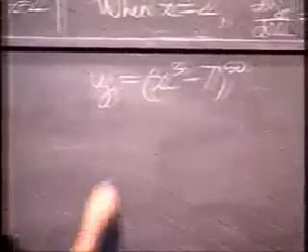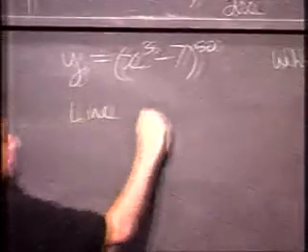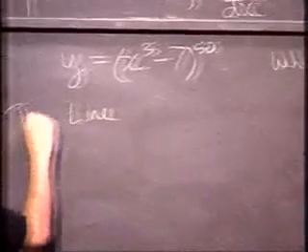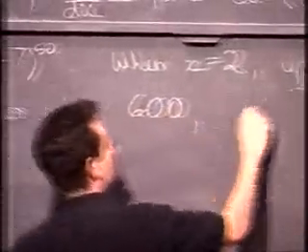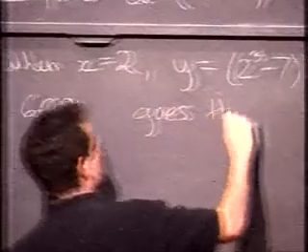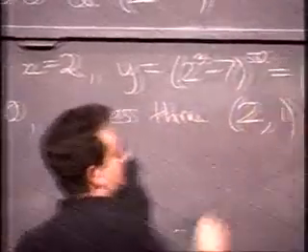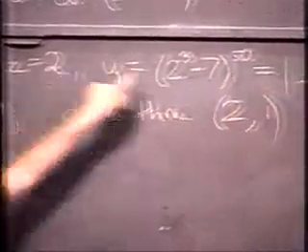Anyway, the tangent line that we're looking for has slope 600, that's the derivative, and goes through the point (2, 1), because when x equals 2, y equals 1.